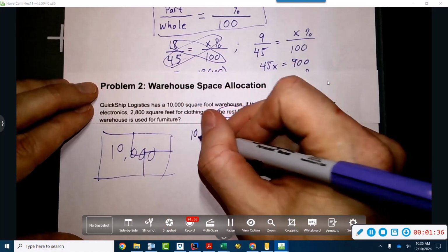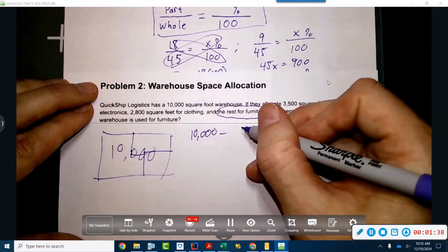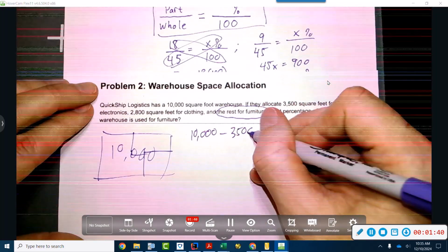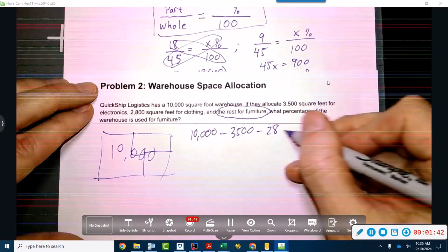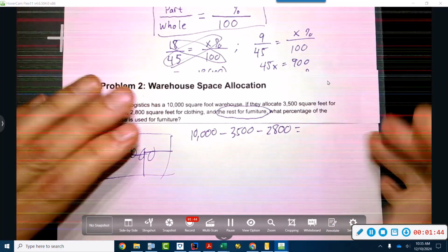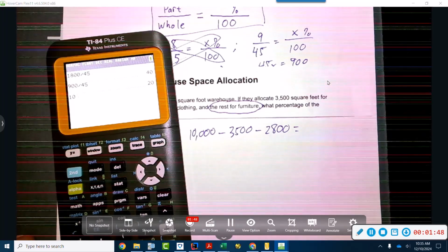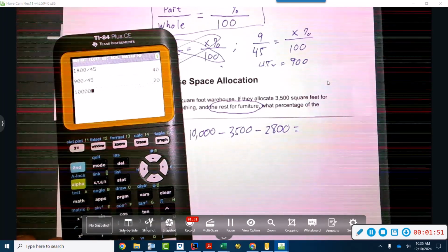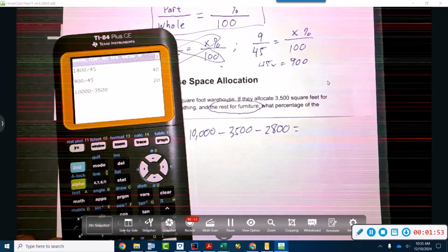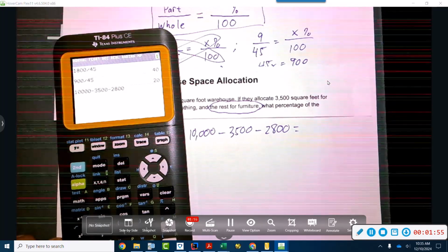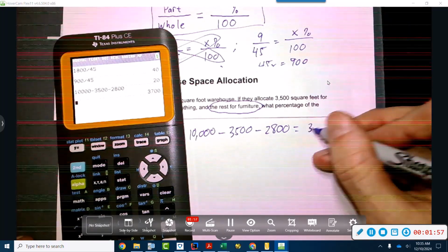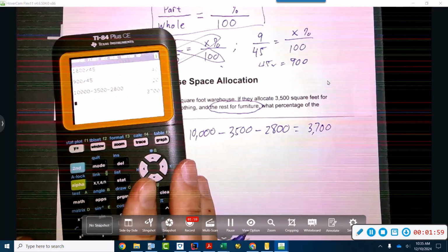What we have to do is take that 10,000, subtract the electronics, and subtract the clothing, and that will tell us how much space is reserved for furniture. In my calculator, minus 3,500 and minus 2,800, and it looks like 3,700 is reserved specifically for furniture.